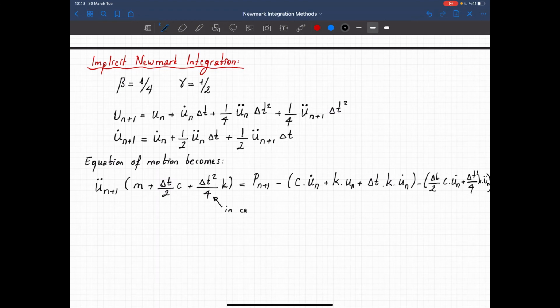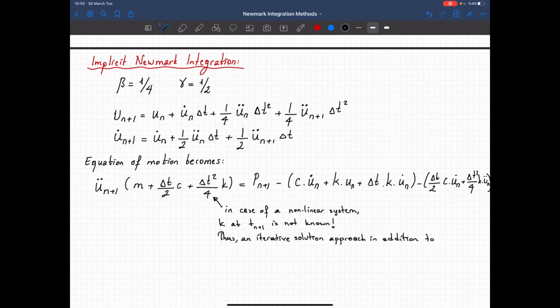So in case of a nonlinear system, k at t n plus 1 is not known, thus an iterative solution in addition to time integration is required.